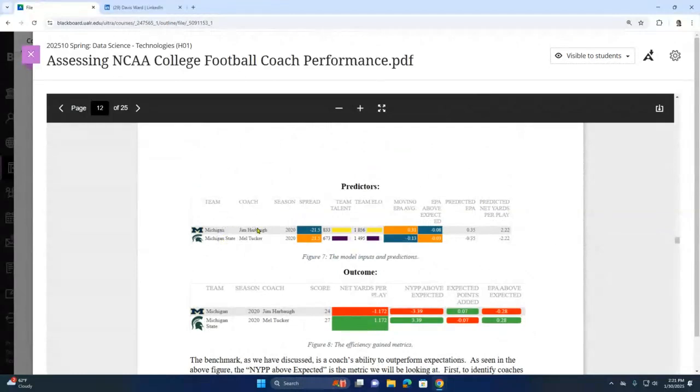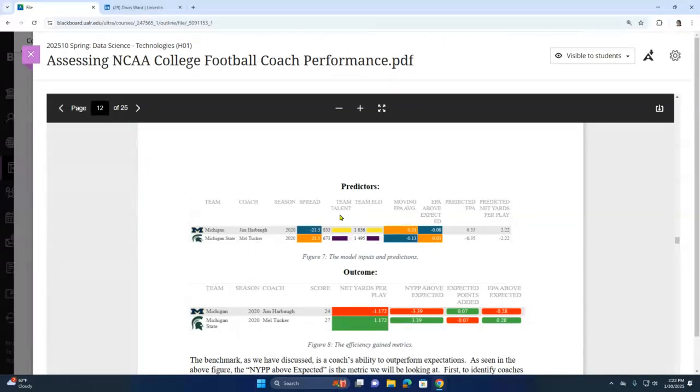So here's an example of the type of data that he could collect. He could collect information about the team and the coach, and what season this record belonged to. He could find information on point spread. Some of these sports data banks had metrics to give an idea of individual player talent. Some of these sites would rank each player and give them points as to how talented they were.